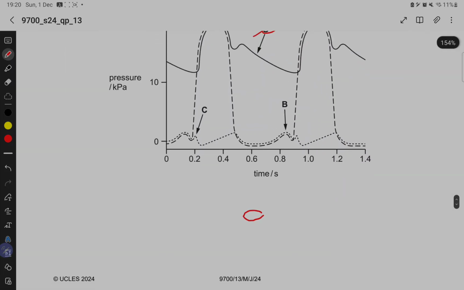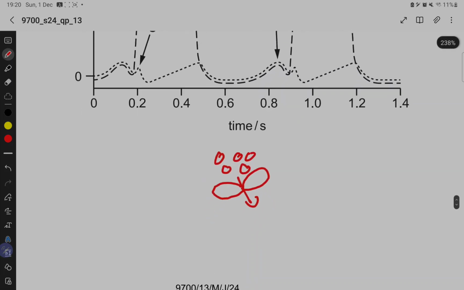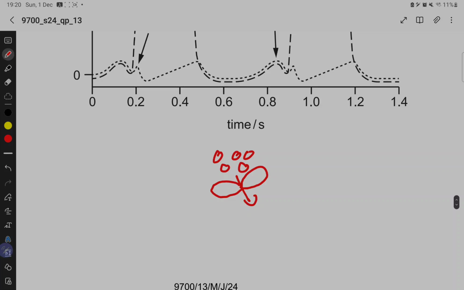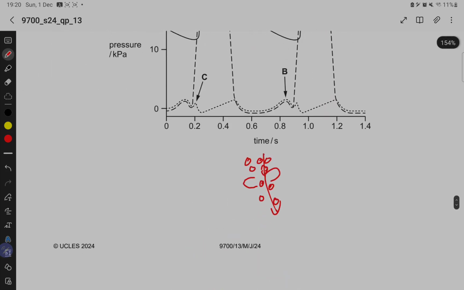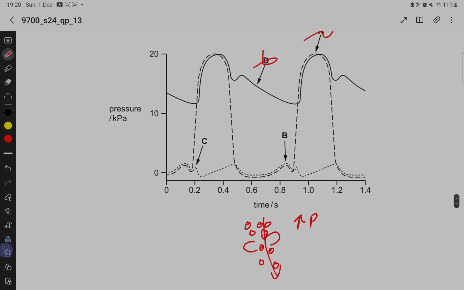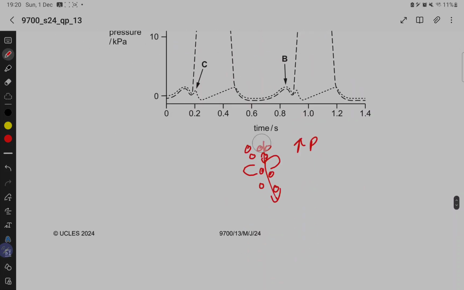Let's say this is a valve, right? These are blood cells. They need to pass through. Pretend it's a door. You need a lot of pressure and force to push open this door, to force it open before all of them can rush out. So in systole, you need high pressure. So in atrial systole, the pressure here in the atrium will be higher than the one in the ventricle.